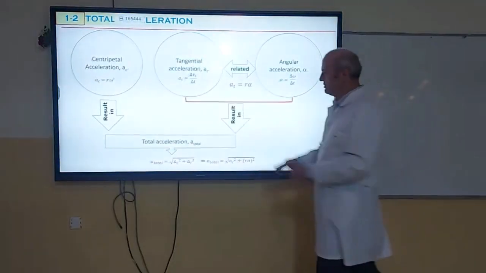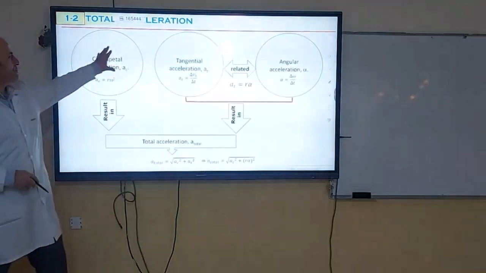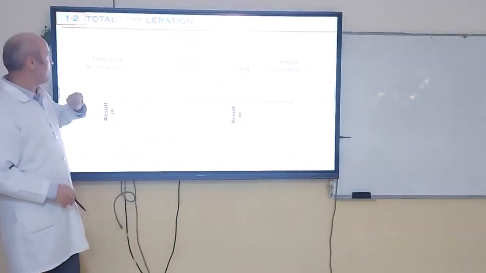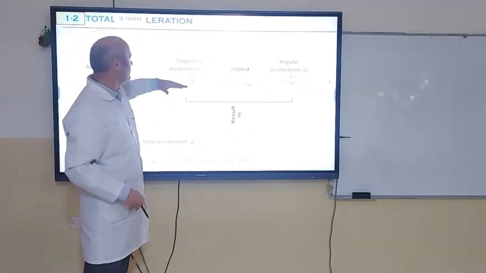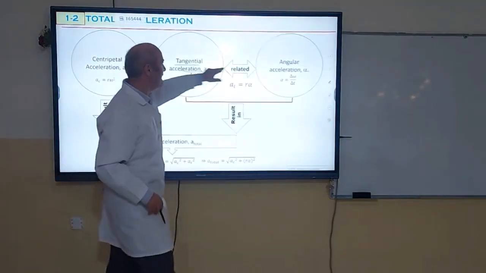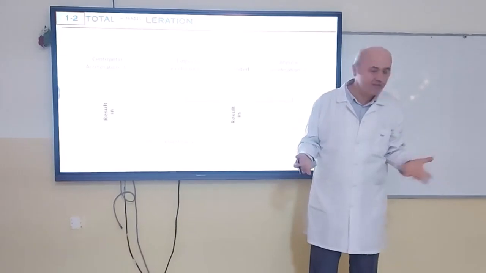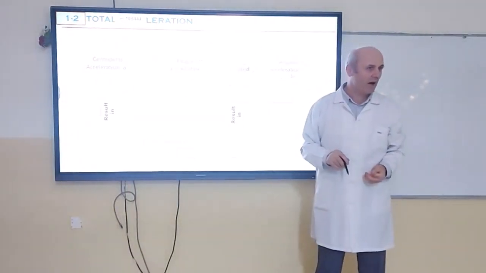And in summary, there are two different natures of acceleration. One nature is because of speeding up or slowing down. Tangential acceleration and angular acceleration have the same nature, that's why they are related by an equation: AT is equal to R times alpha.